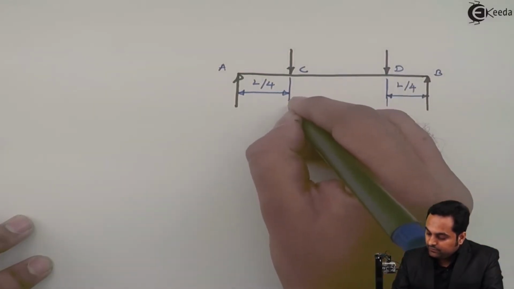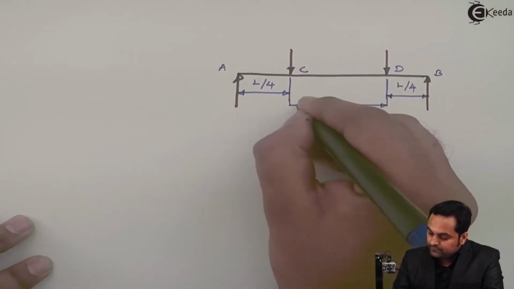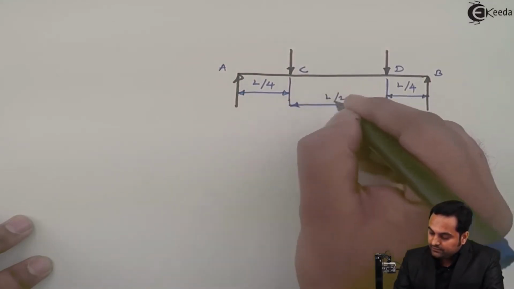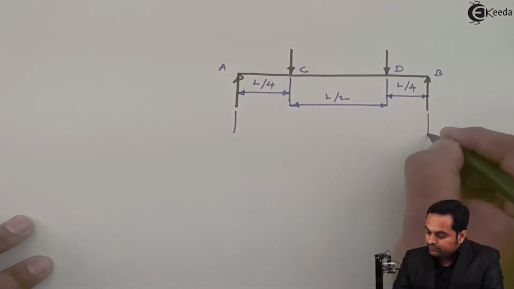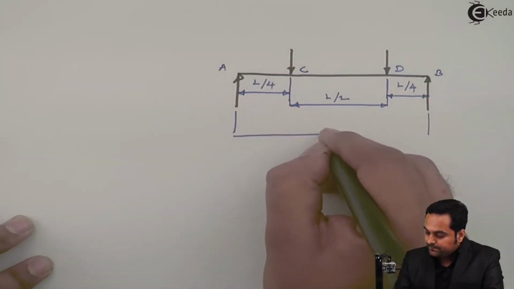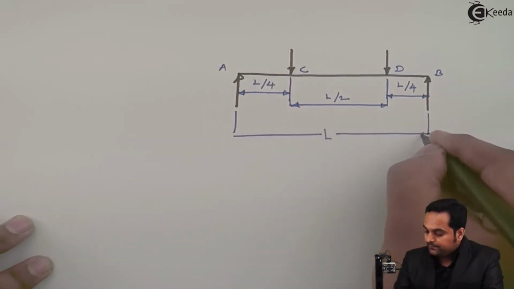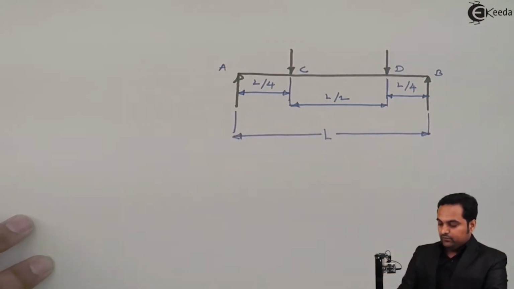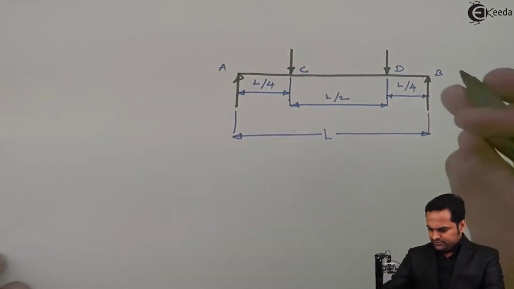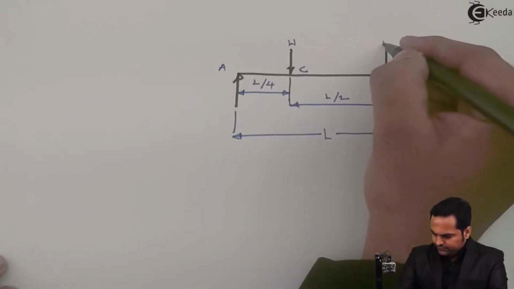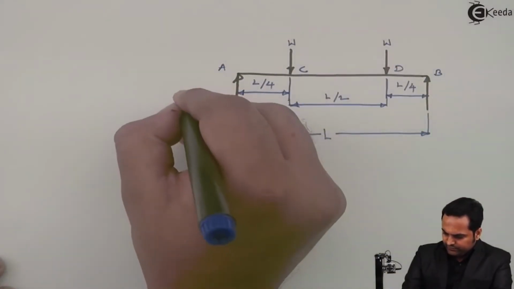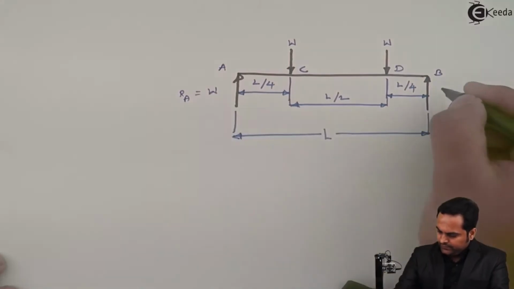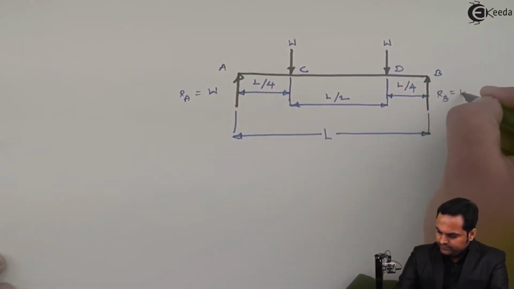At the central location, the distance is L by 2 and the total length is capital L. Since the load values were given, we have found out the reactions. At A it is W, and at B also the reaction is W.